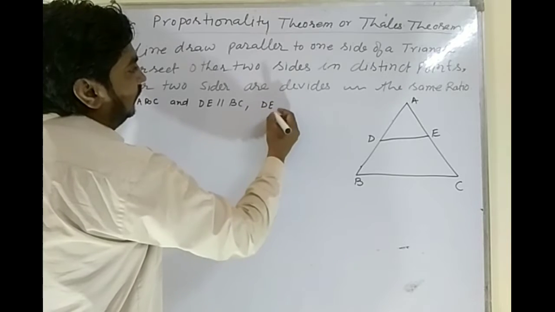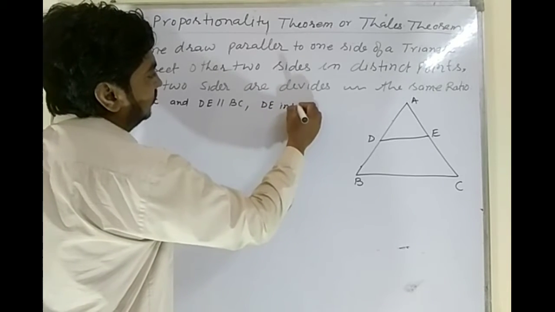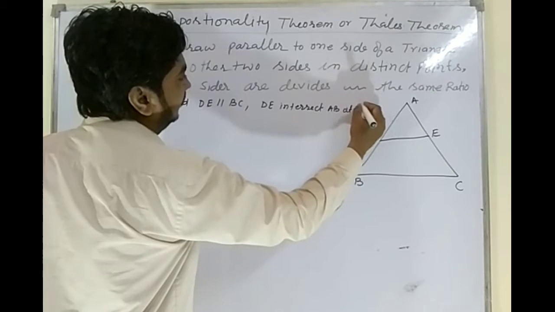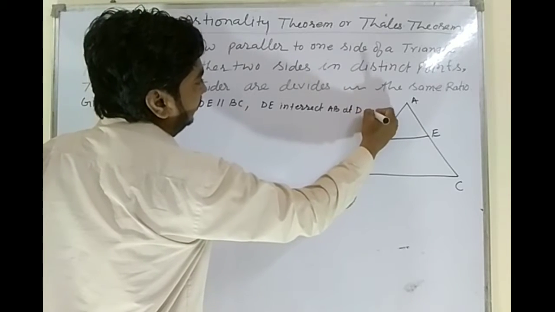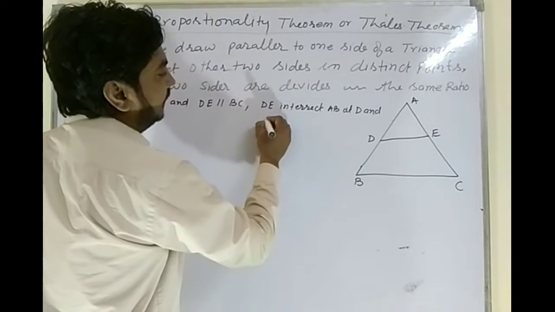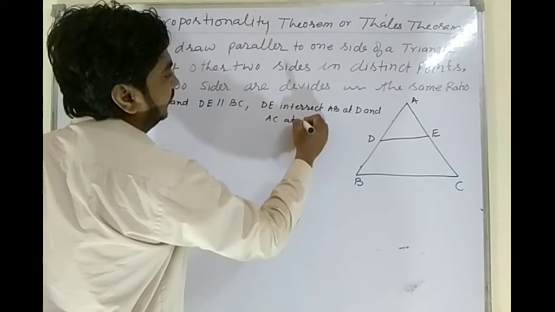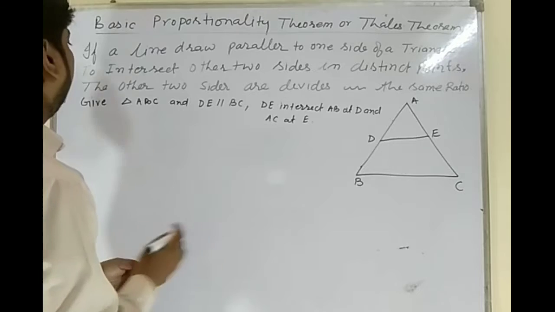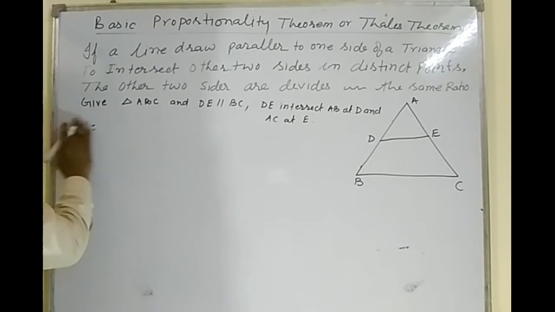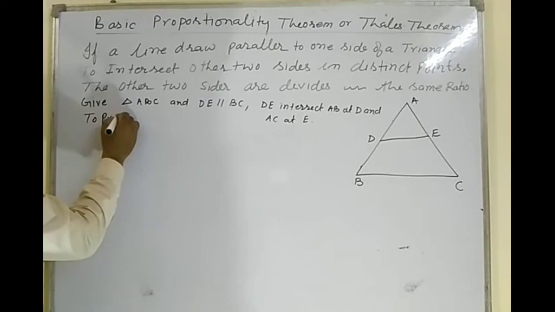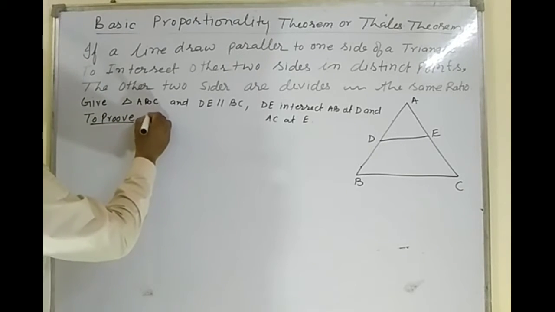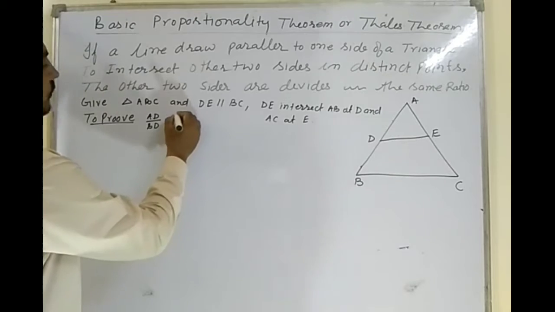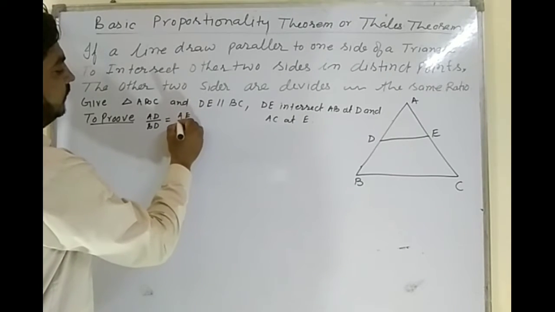DE intersects AB at D and AC at E. So we need to prove AD upon BD equal to AE upon CE.